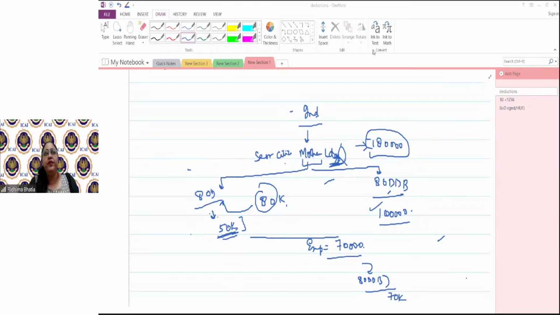Preventive health checkup, my friend, this is different from treatment. Preventive health checkup क्या होता है? So if you have seen the parents in your house or anyone, they say that you should do a blood test after every 6 months, full body checkup after every 6 months, or if not 6 months, at least once a year, so that you should know whether the diagnoses are proper or not.